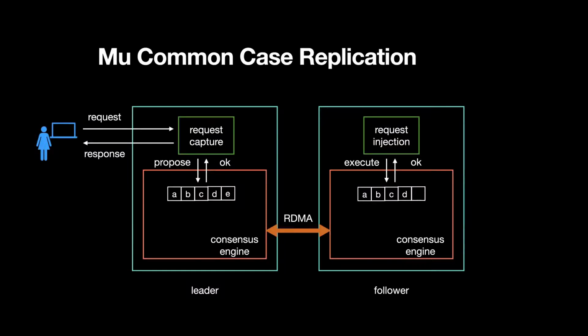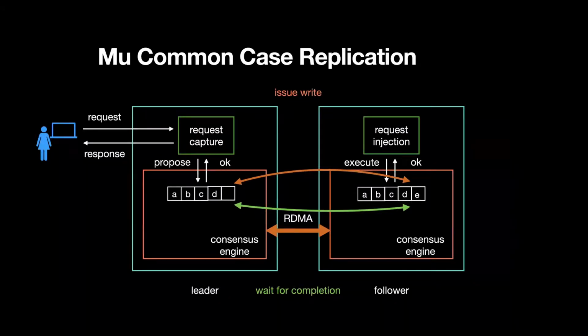So the leader basically copies the request to the followers using an RDMA write, and then the leader waits for an acknowledgement. This acknowledgement is a very low level RDMA primitive. It does not contain any protocol specific information.